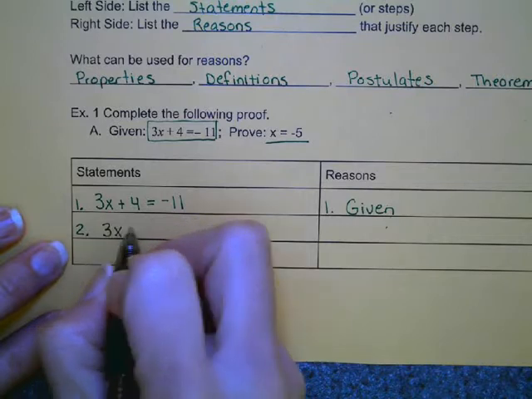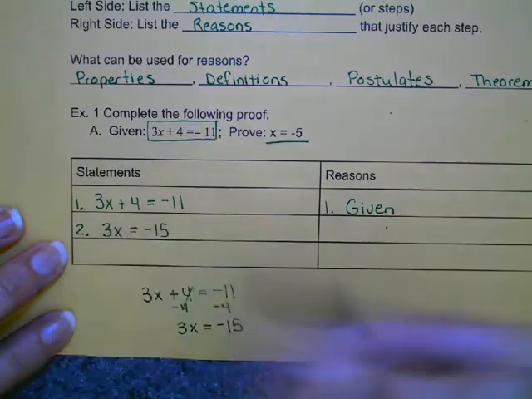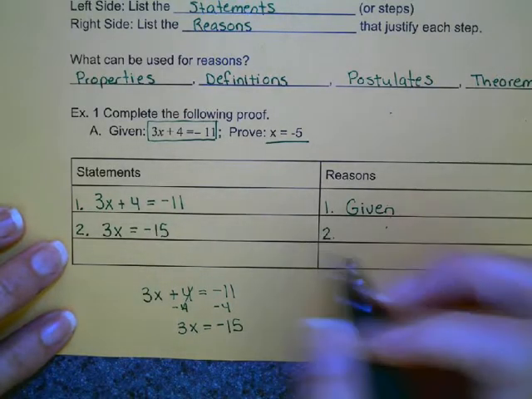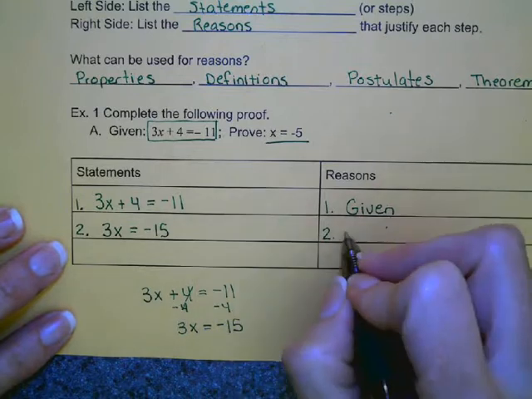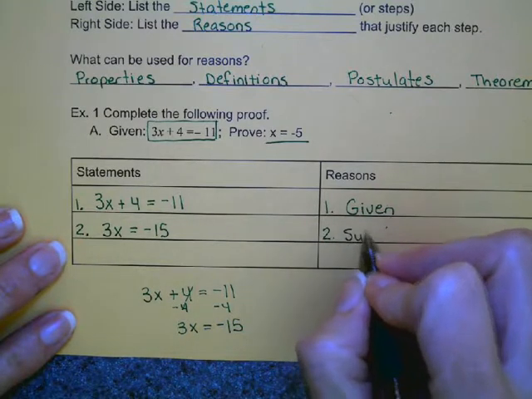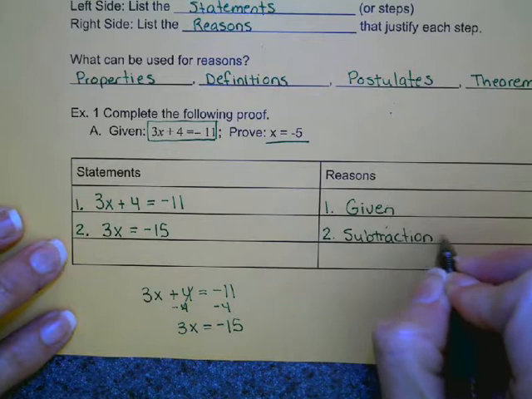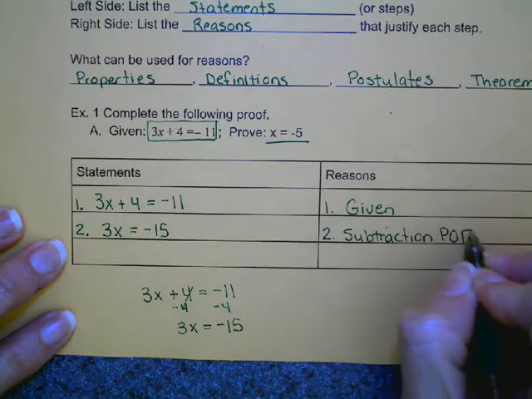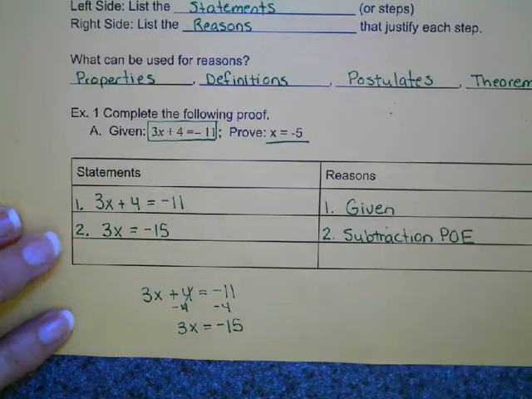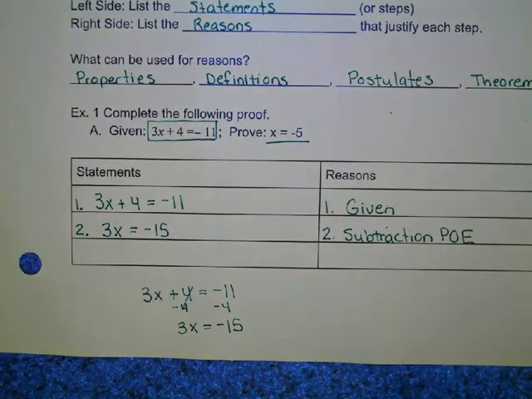So I would write on line 2, 3x equals -15. And what I did to get from step 1 to step 2 is I used the subtraction property. And I'll write POE, subtraction property of equality, because I just subtracted that to the other side.